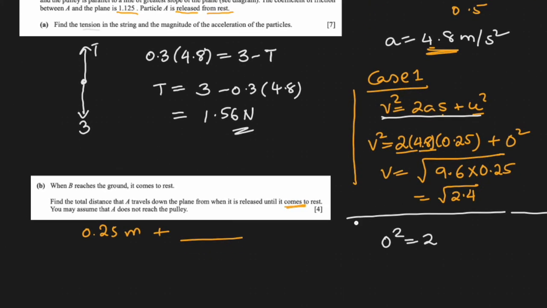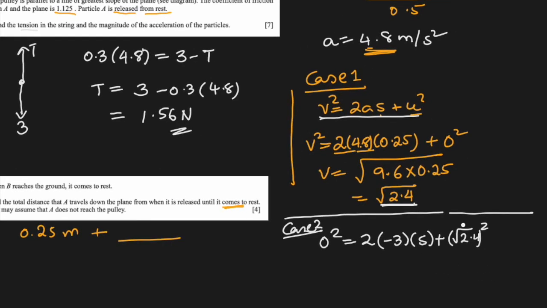This is case 2, when B has reached ground and A is traveling on its own. So 2a, A is minus 3, S is what we want to find out, but U we know now it is the V of the previous case, square root 2.4 squared, and we know that square and square root can cancel out, so it will be 2.4.